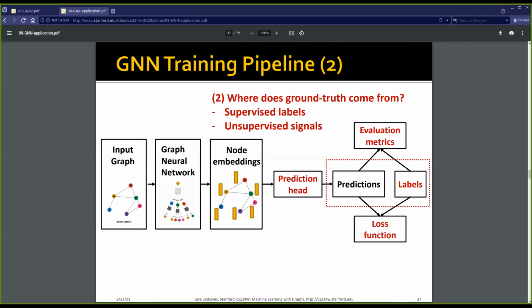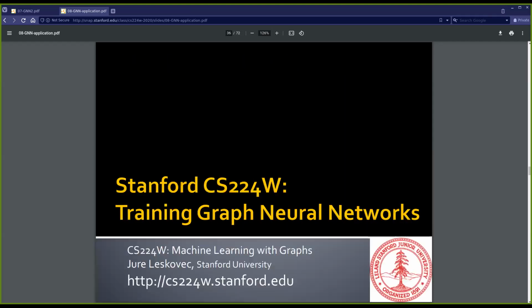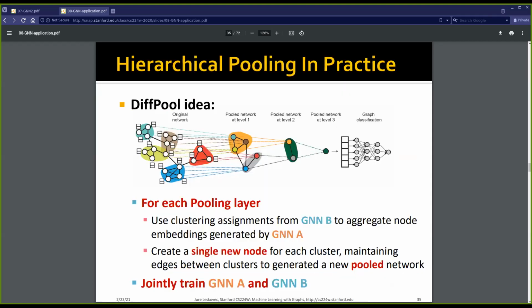Okay. And now moving on to the actual training objectives. So we have some predictions now, and we have, for example, some labels. Would you mind going back to the previous one? Sorry, where you had the clustering. So what you're saying is we do the message passing using any GNN architecture.